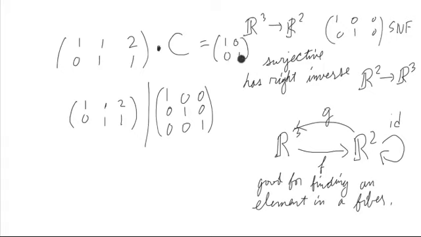Now, what is this good for? Finding a right inverse, which we're going to represent as a matrix, is good for finding an element in a fiber. Suppose you have some vector in R2. Maybe you have a system of equations, and these are your coefficients with x, y, z, and it's equal to something on the other side of the equal sign. What's on the other side of the equal sign is like what's over here.